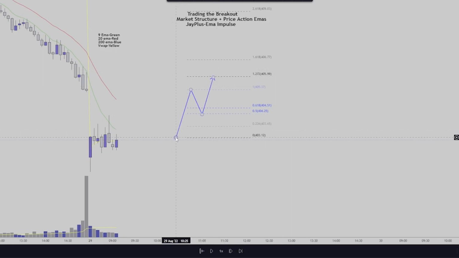So you're looking for this impulse, which starts down here, above, retracement, the target, the 1.272, but you're pulling it from the top to bottom, because you're looking for that upside extension, that impulse that does hold this golden ratio to hit the 1.272.